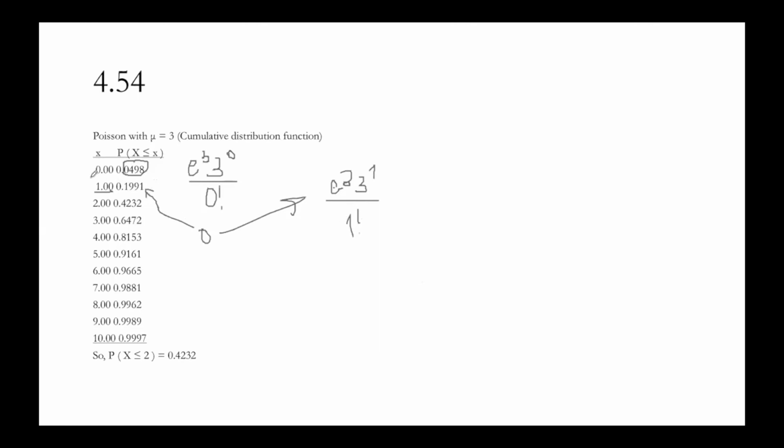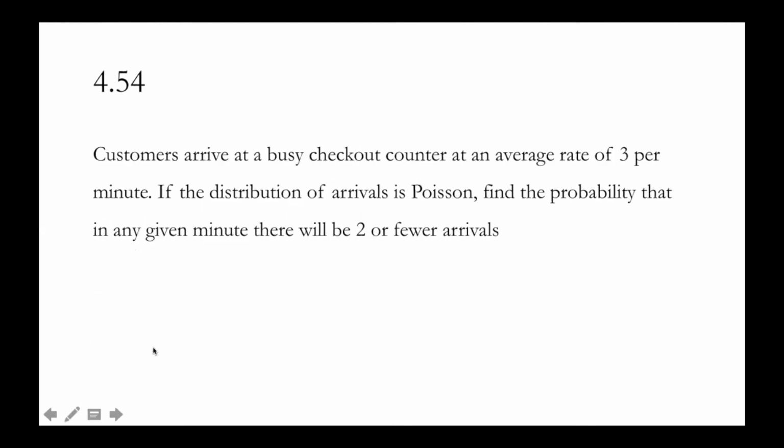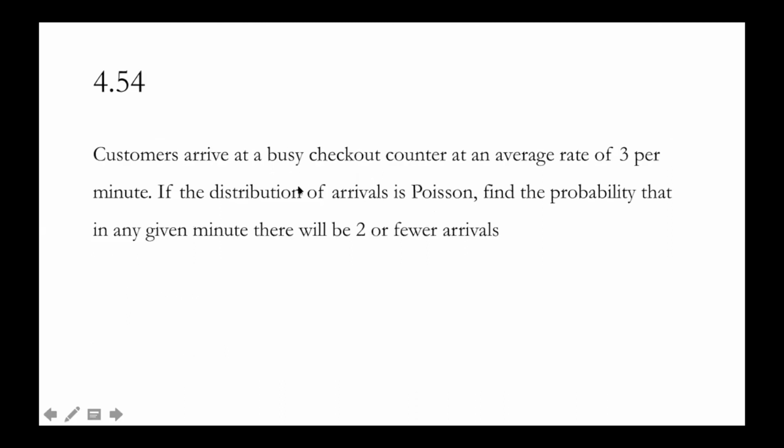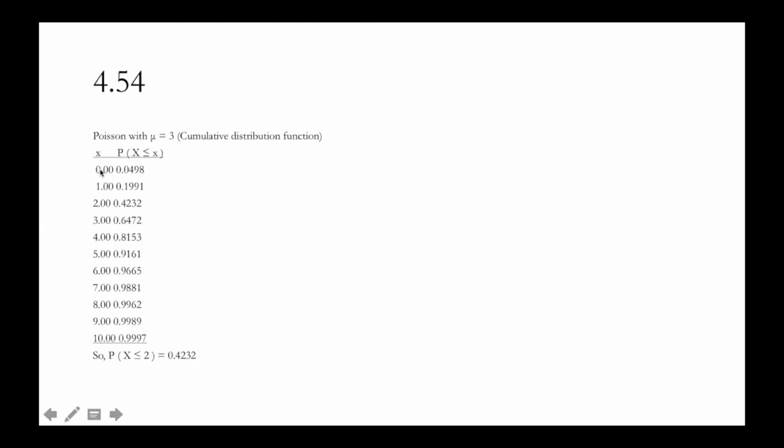And we sum it up with this number. And so it's a cumulative distribution function, so you sum it up. So we use again this equation, and we just use different values for x.